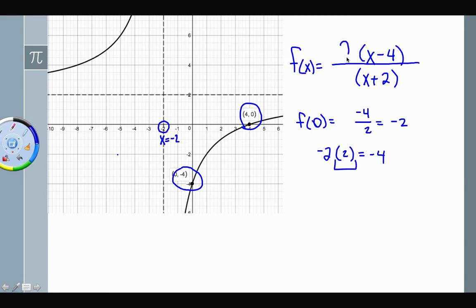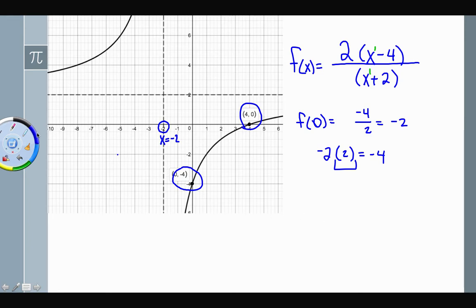I need to multiply the whole equation by 2. That actually also creates the correct horizontal asymptote. When we look at this and we say this is x to the first over x to the first, the horizontal asymptote is the ratio of leading coefficients, and in this case it's 2 over 1, which gets me my horizontal asymptote of 2.